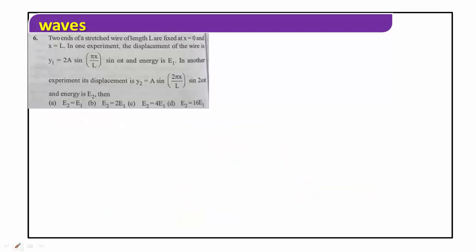Then, two ends of a stretched wire of length L are fixed at x equal to 0 and x equal to L. In one experiment, the displacement of the wire is y1 equal to 2a sine 5x divided by L into sine omega t, and the energy is E1.